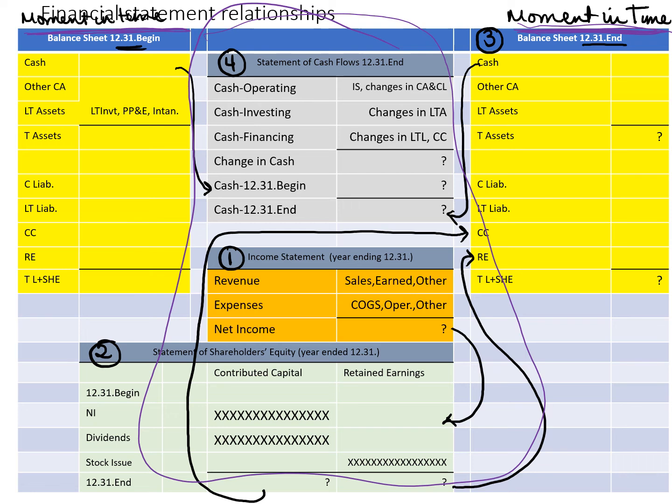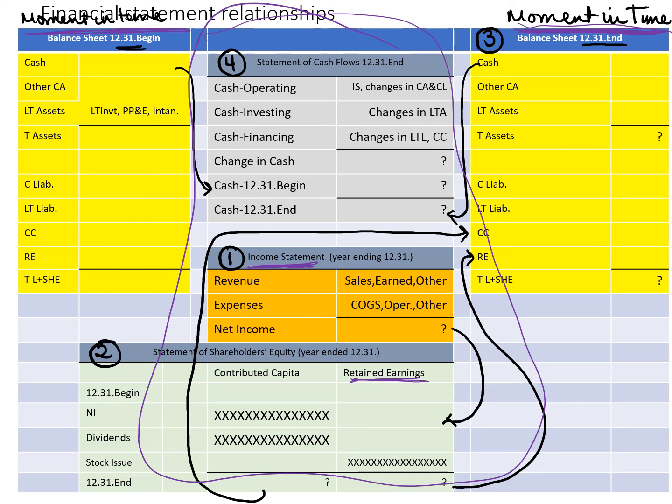We prepare the income statement first because we're interested in the difference between the revenues that were earned that period and the expenses that it took to incur those revenues. So income statement, revenue minus expense, that net income then gets included in retained earnings, and then we're able to do the balance sheet at the end of the period.